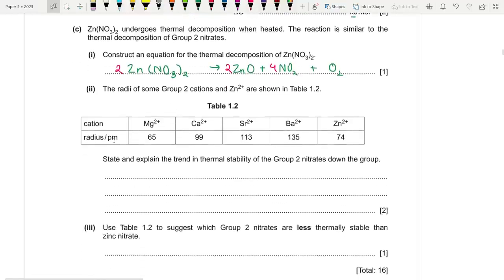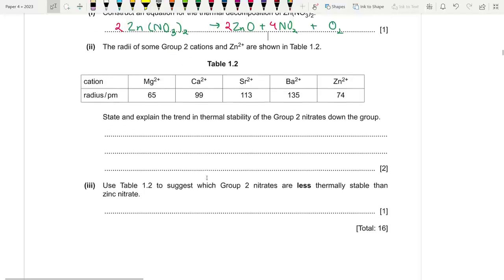Next, the radii of some group 2 cations and Zn2+ are shown in table 1.2. State and explain the trend in thermal stability of the group 2 nitrates down the group. You guys know something, that the thermal stability of group 2 nitrates and carbonates actually increases down the group. This is mainly due to the decrease in charge density.